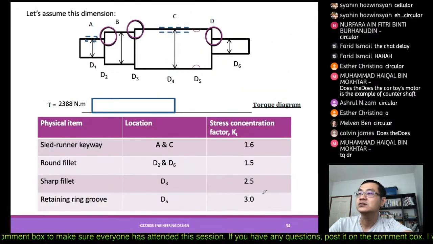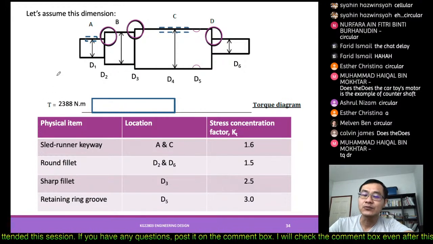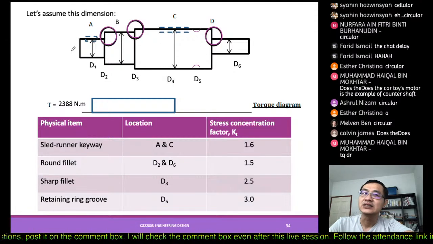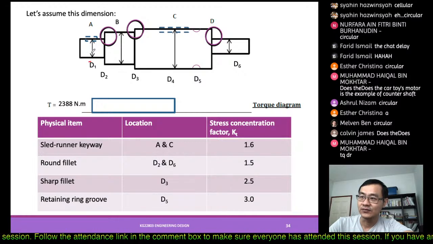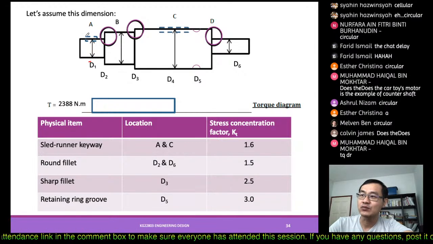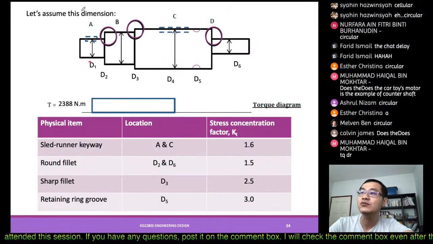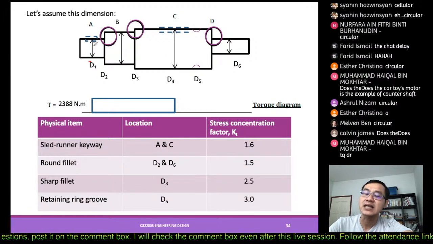Now when we come to design, we don't know the diameters. All these diameters are unknown. So what we do is put in these segments, where part A is the gear. We would put our gear here, but what is the size of this shaft?